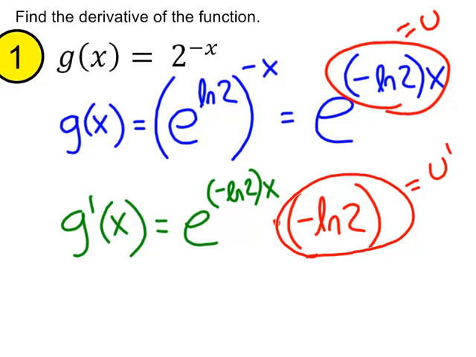So keeping in mind that the whole purpose of converting to base e was because we know how to handle base e from a calculus perspective. We know how to derive and even anti-derive base e. Now that that purpose has been served, let's convert back to base 2.